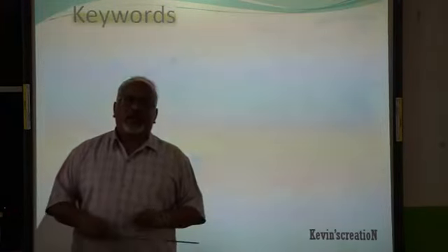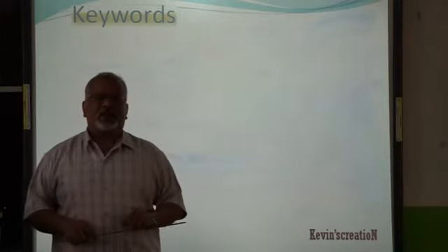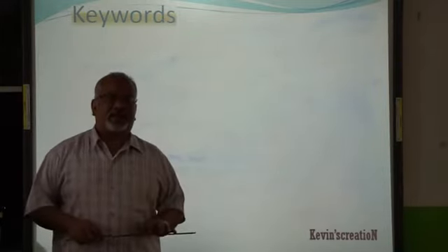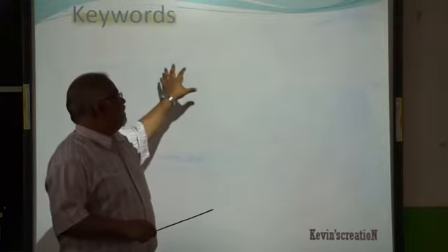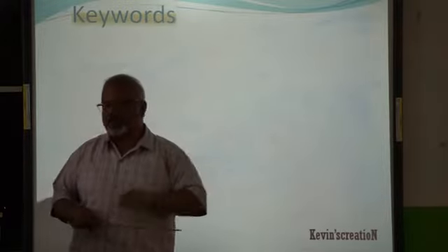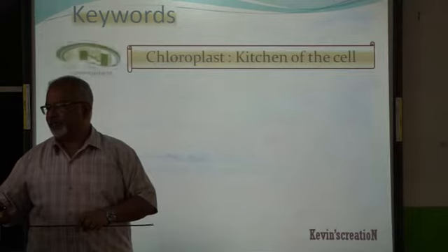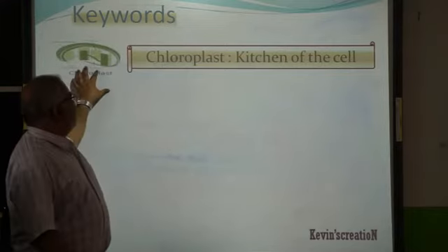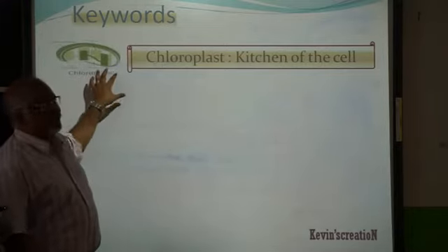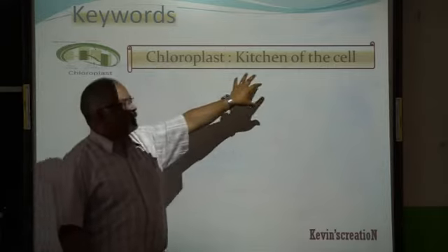Now, just for your sake, so that you can remember all these things, I am giving some keywords. Look at this, you know what is it? Chloroplast. The name given to it is kitchen of the cell.